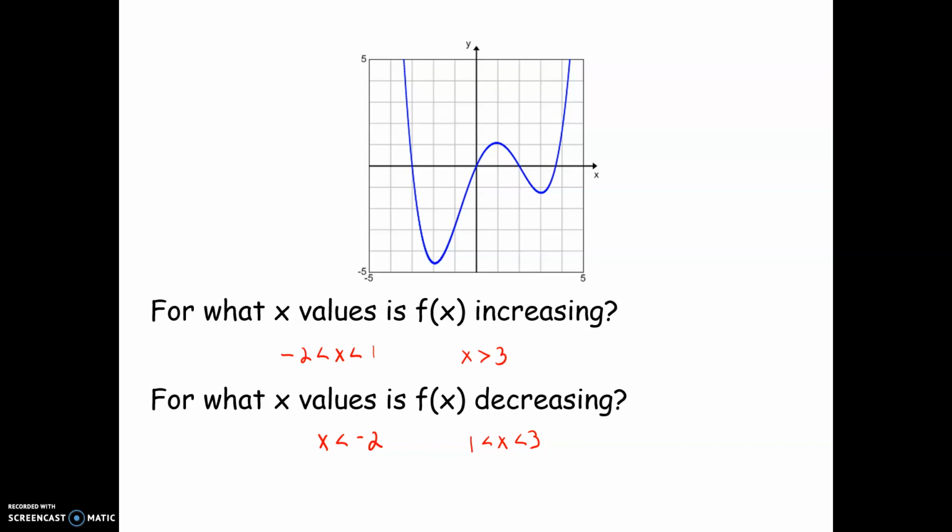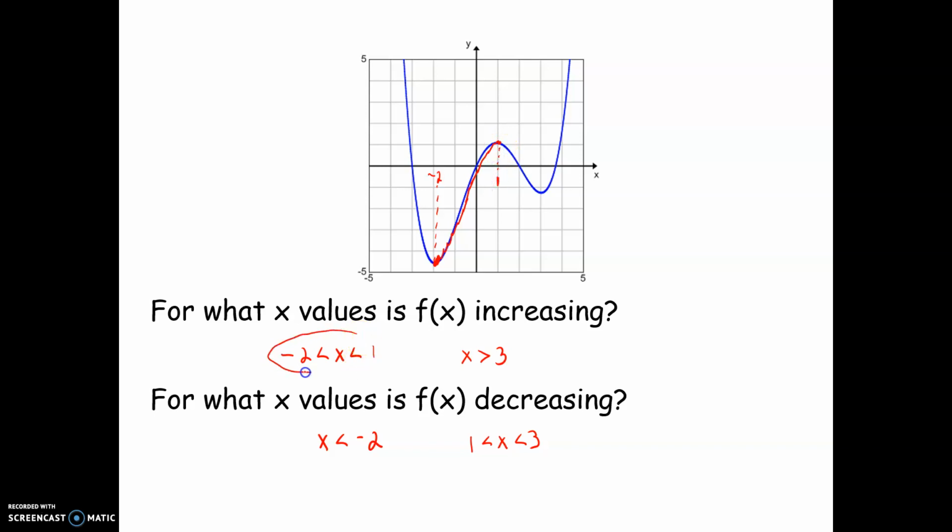So the first question is, for what x values is f of x increasing? This is my function f of x. It's increasing from here until I get to here. That starts where my x is -2, and it stops where my x is 1.